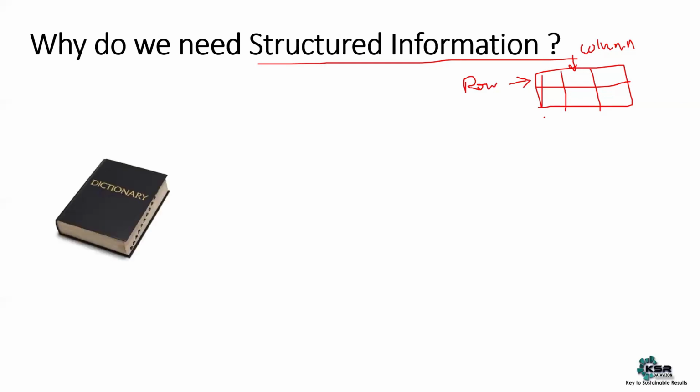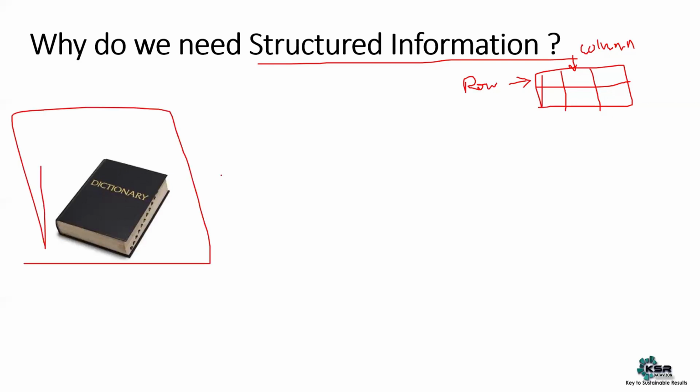How does it work? See, if you take an example of a dictionary. Dictionary is one of the books. If you take an example of a library as well, even in a library the information is in a structured format, because all the books are kept in separate racks, but similar books are kept in one single rack.